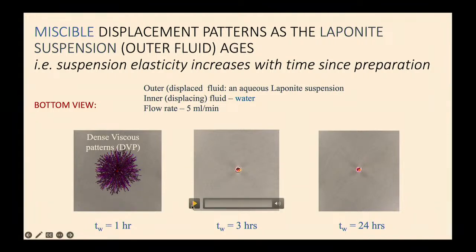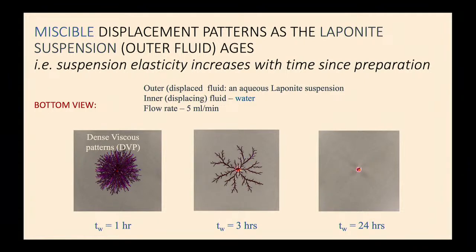Then let's look at what happens when we waited a little bit longer, when the clay suspension was a little more elastic than it was in the first place. I don't know if you're noticing it, but you can see that the propagation is already becoming faster, and you get these beautiful patterns that have not tip splitting at all, but side branching. So why does side branching happen?